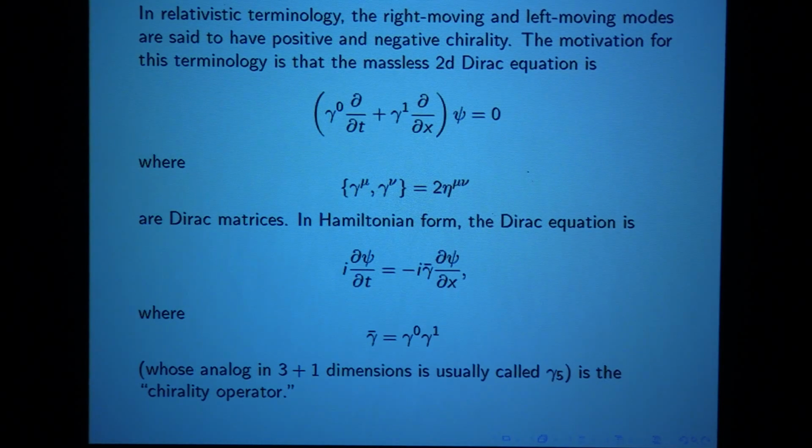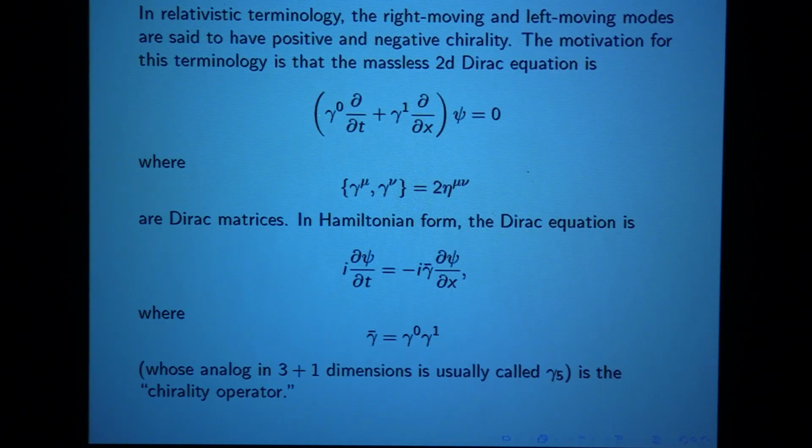Usually, well, Dirac himself wrote the Dirac equation in Hamiltonian language, and certainly to compare it with condensed matter, we would like to do that. So to write it in Hamiltonian language, first of all, we get rid of the gamma 0 over here by multiplying by gamma 0 and using the fact that gamma 0 squared is 1. That'll move the gamma 0 onto the d by dx term.